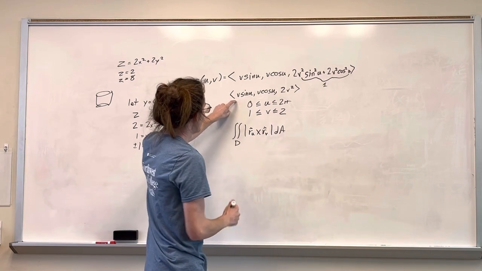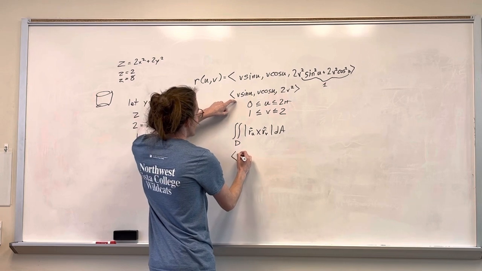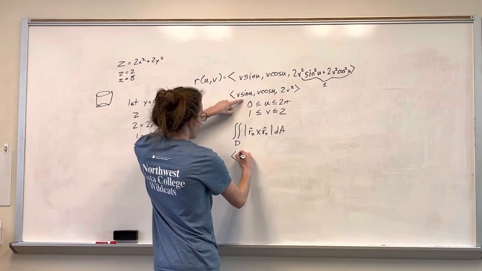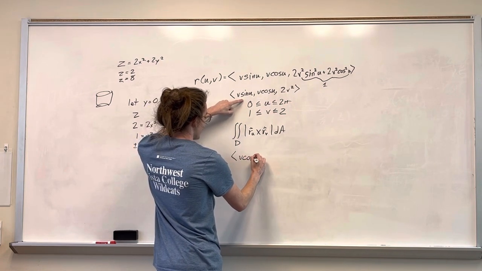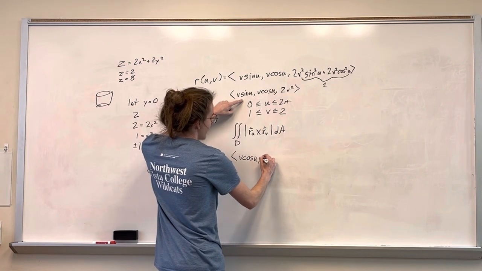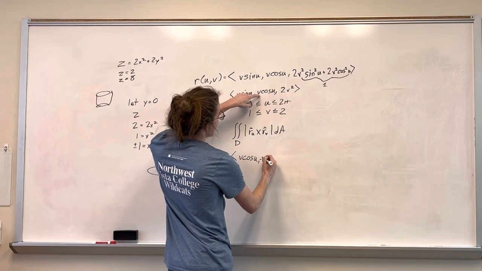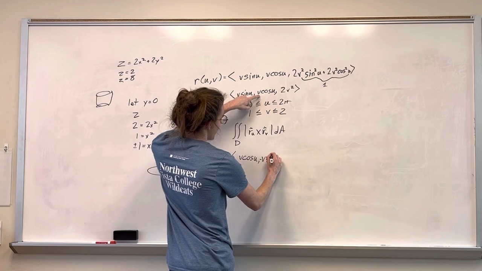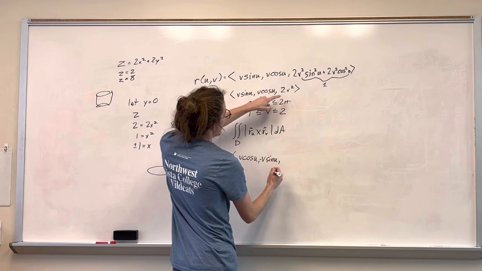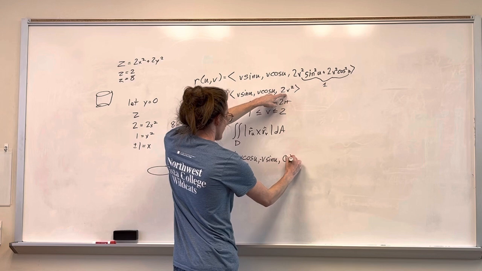The partial with respect to u would be v cosine u, negative v sine u, and there's no u in the last one, so that's a 0.